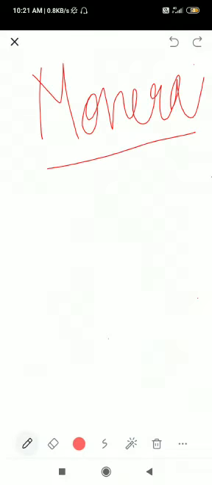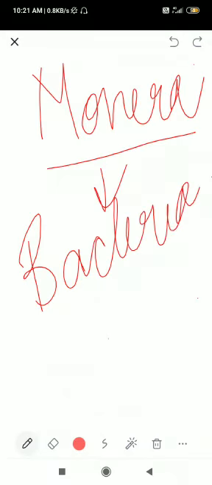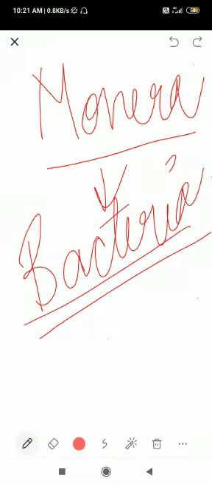Monera basically contains bacteria, and we all know that bacteria are found everywhere, in soil, in air, in water, deep sea, hydrothermal vents, where there are temperatures up to 100 degrees Celsius or where temperatures go below zero. So bacteria are the sole members of Kingdom Monera. They are the most abundant because they occur everywhere.